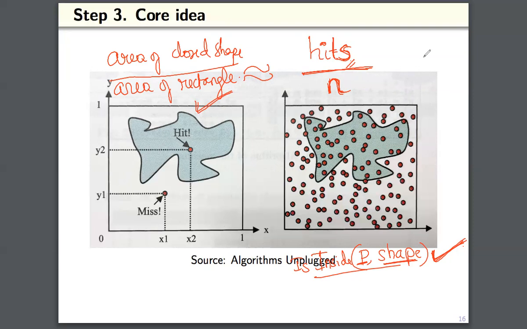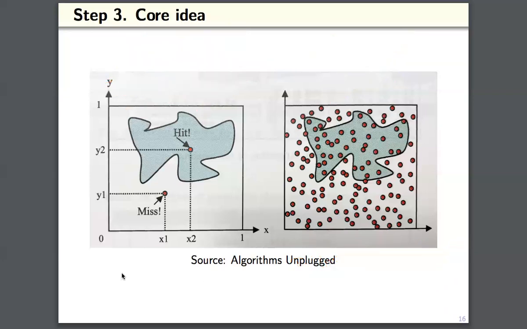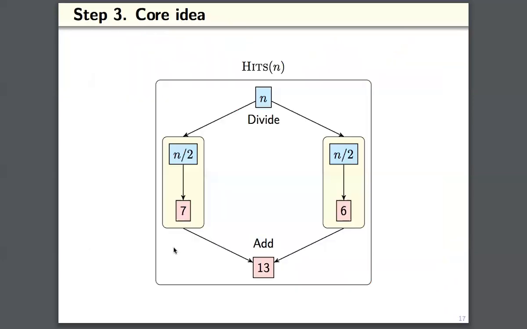Simple formula. You know n, you know the number of points that went inside the closed shape. So what is the area of the closed shape? It is hits divided by n times area of rectangle. Done. Beautiful idea, right? That is the idea we will use.